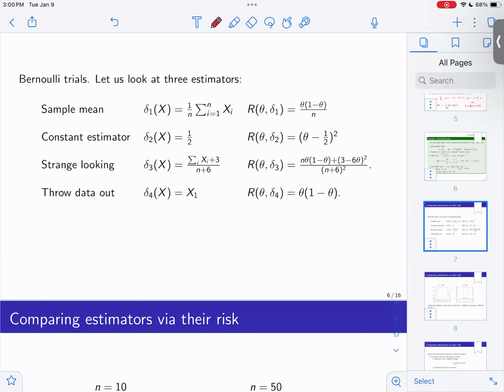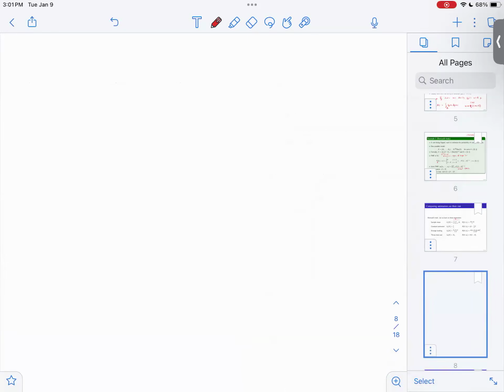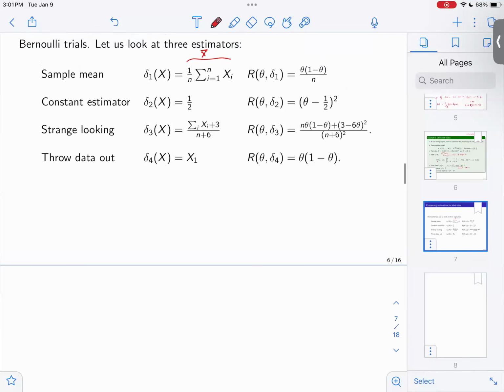So let's very quickly do the first one, the sample mean. How do I calculate the risk? Let's write it as x bar. Can anyone walk me through it very fast, because we spent time doing the other one? We can do the trick that I mentioned.